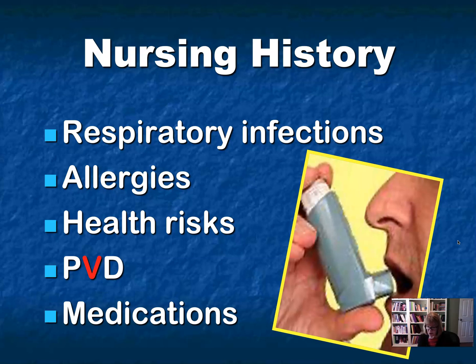When it comes to health risks, knowing about pneumonia is really critical to understanding how that falls in with the client. Pneumonia is the 8th leading cause of death in America today.